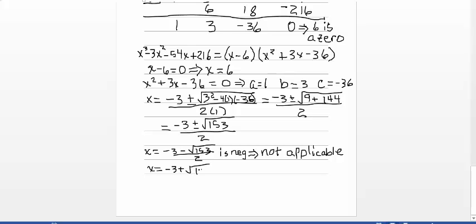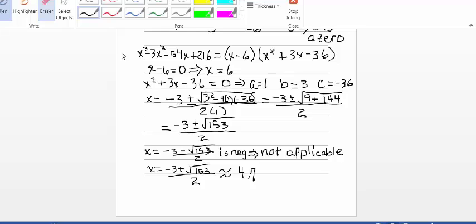So a negative number doesn't make sense for the problem, so that's not applicable. So let's calculate the approximate value of negative 3 plus the square root of 153 over 2. And using my calculator, I get approximately 4.7.